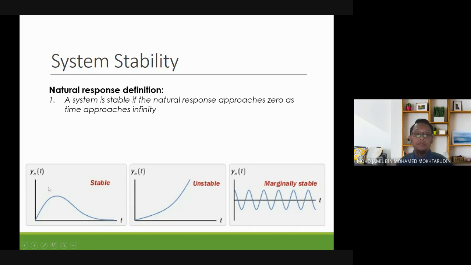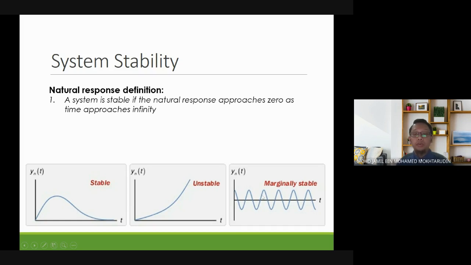If you look at the first figure here, if your time response reaches a constant value, or in this case, for natural response, it will reach a value zero as time approaches infinity, then the system is stable.